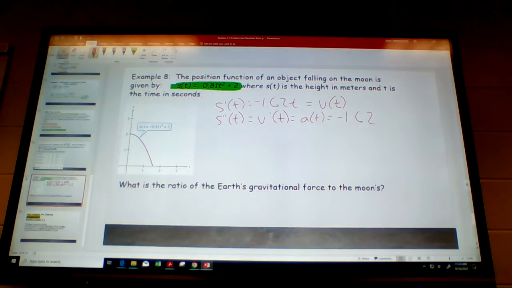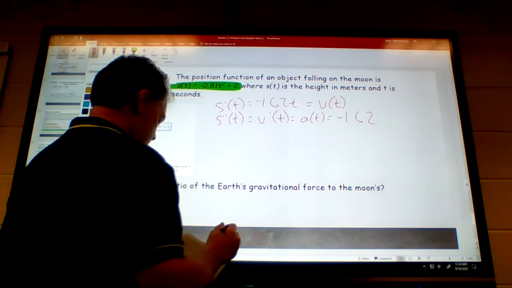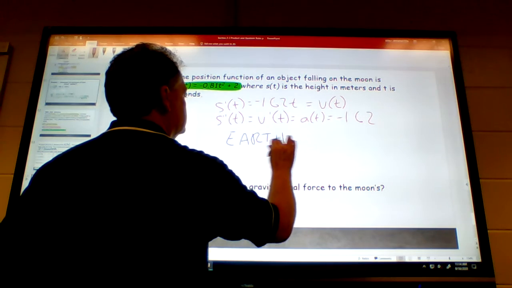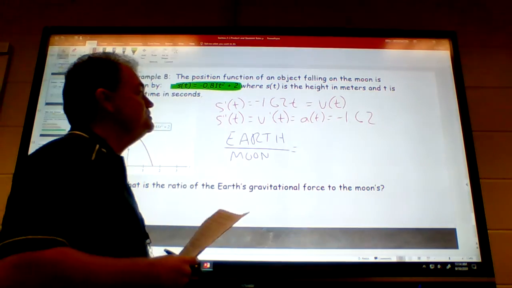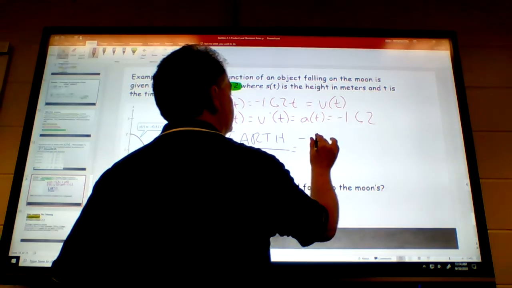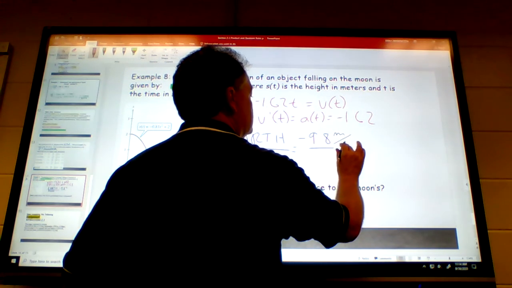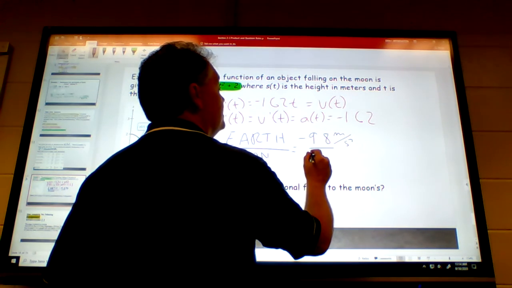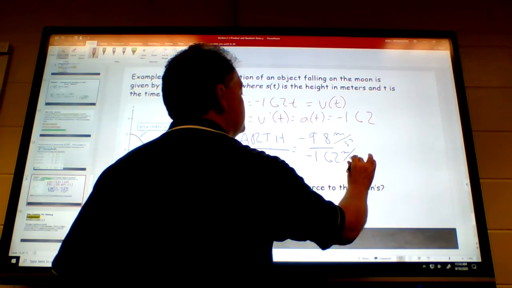Now, what is the ratio of the Earth's gravitational force to that of the moon's? The ratio is going to be from the Earth to the moon. Remember, the Earth's gravitational acceleration is negative 9.8 meters per second squared, and the acceleration on the moon is negative 1.62 meters per second squared.